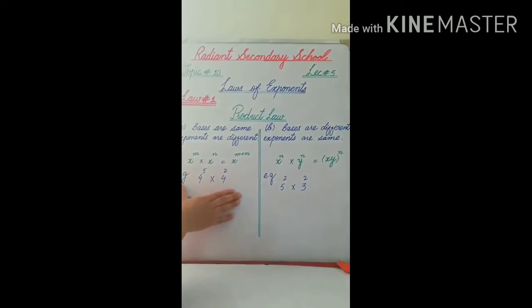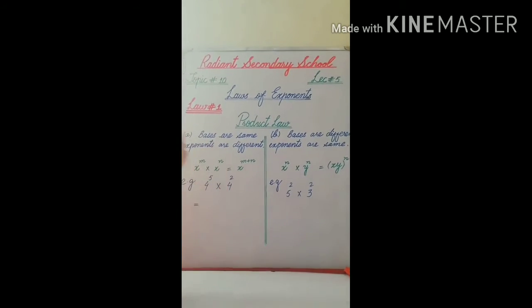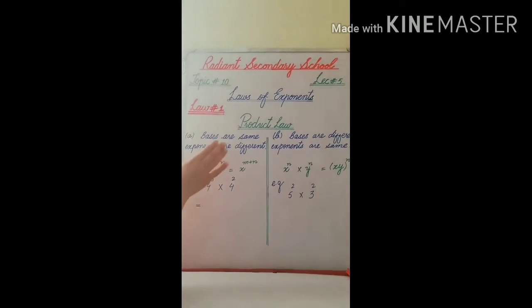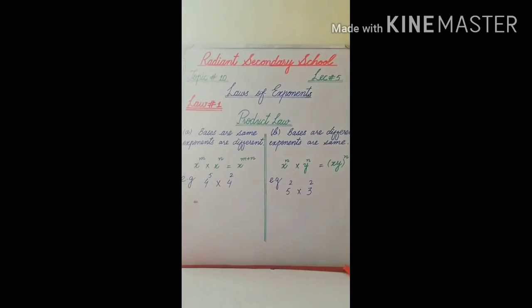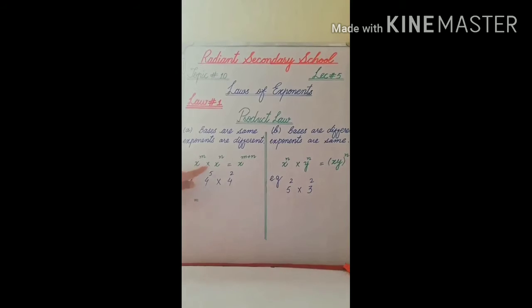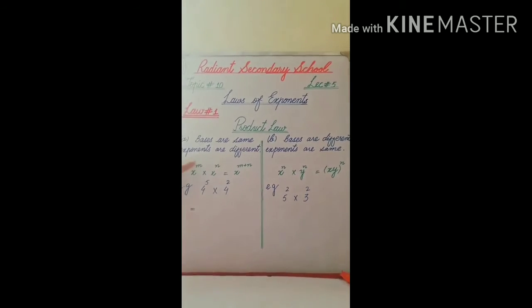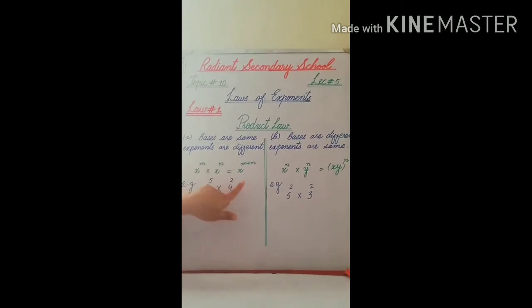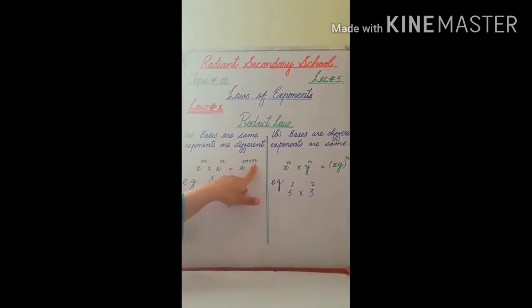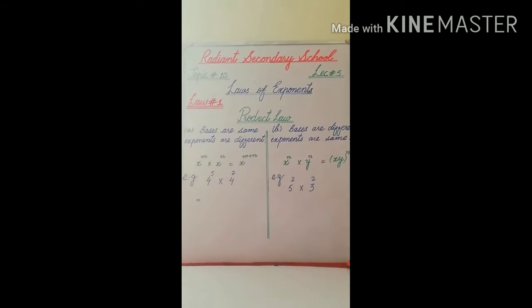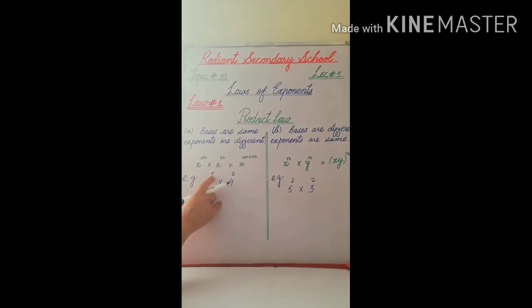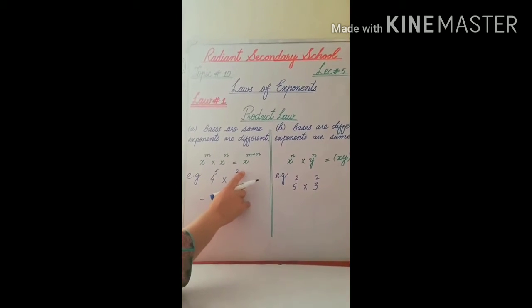Now you have to see firstly this. What is the purpose of first law? In first law, when bases will be same and exponents will be different, then we have to add their exponents. For example, I have written 4 raised to power 5 multiply 4 raised to power 2.